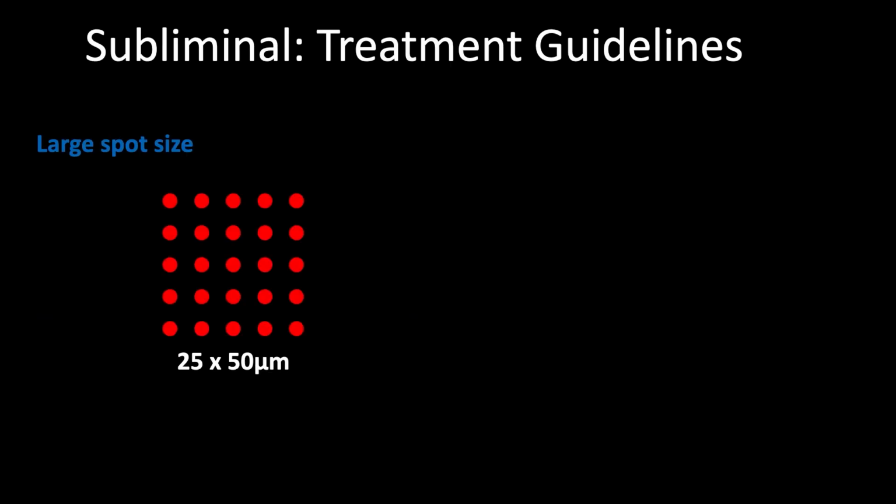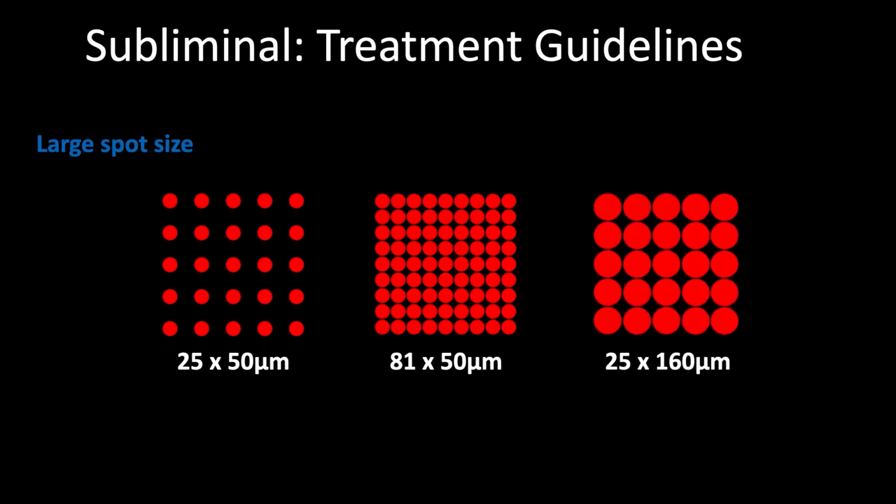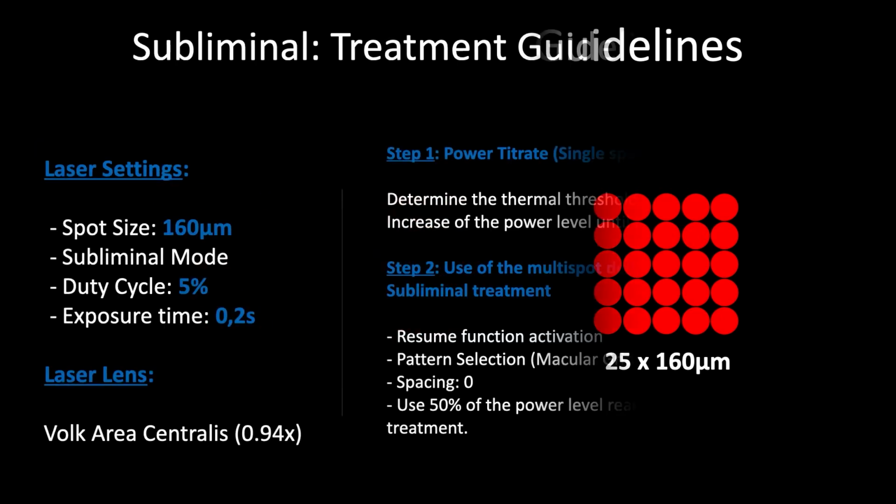As an example, if we use this grid of 25 burns that are 50 microns in size, and we really want to continue using those 50 micron spot sizes, if we want a dense treatment, we would require 81 burns. However, if we increase this to a 160 micron spot size, we just need to deliver the same 25 spots.